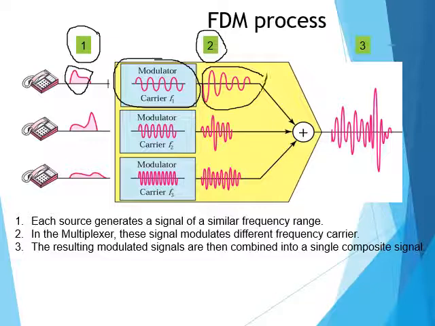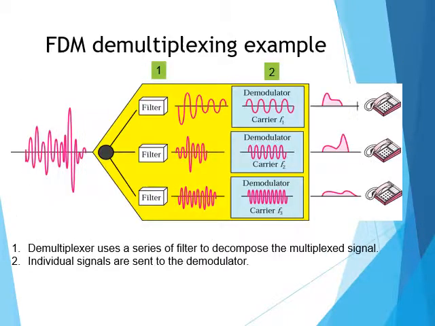So we have three modulated signals, and these are combined in step 3. The resulting modulated signals are then combined into a single composite signal. That's done at the multiplexer.